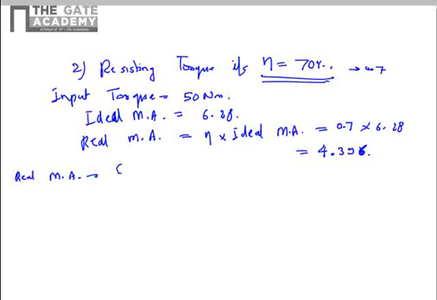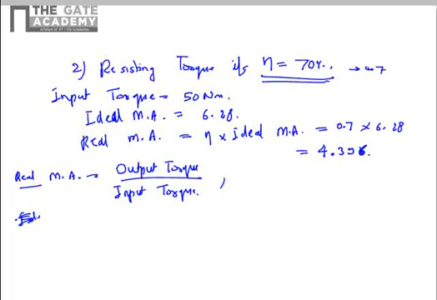So the real mechanical advantage is equal to output torque divided by input torque. The real mechanical advantage takes into account the efficiency, while the ideal is not taking efficiency into account. Here we want the real output torque, so we are taking the real mechanical advantage.